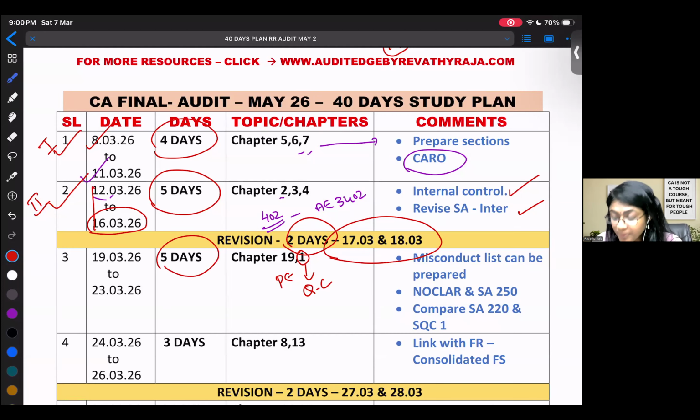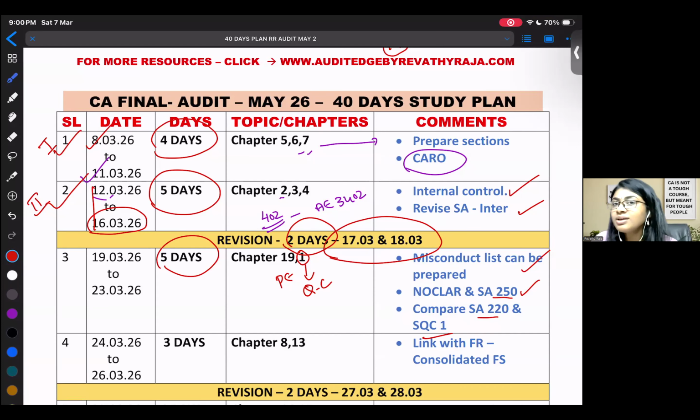Be careful. Prepare a misconduct list. Now there are 35 clauses. Then in professional ethics, when you study non-compliance of laws and regulations, don't forget to link it with SA 250. Then in chapter number 1, you can always compare SA 220 with SQC.